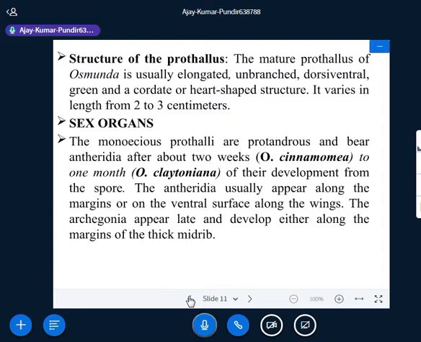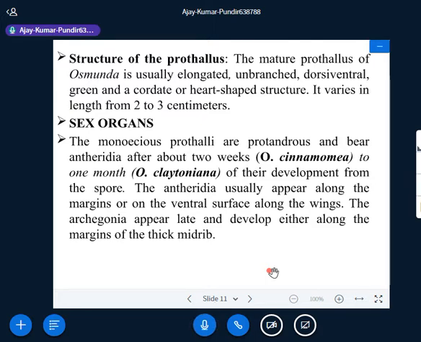As a result, the first rhizoidal cell and first prothallial cell are produced. As the name indicates, the first rhizoidal cell after various divisions produces rhizoids, and the first prothallial cell produces the whole prothallus. The development of the whole prothallus takes place from the first prothallial cell of the spore. Thus, the prothallus is developed.